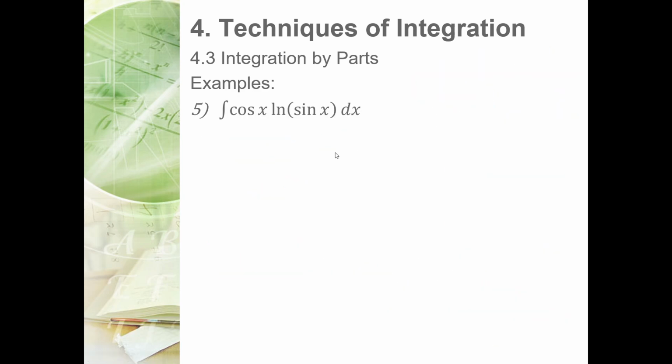So this time we have the integral of cosine x times ln of sine x dx. Starting with u first here, and then dv on the other side. Again, it's impossible to integrate ln, so we'll just have to put ln sine x here.